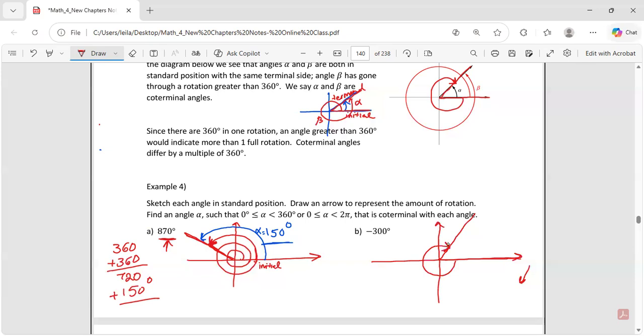By putting that arrow, I'm showing the direction, which is the negative direction. So this is negative 300 degrees. This is my initial side, and that's the terminal side.